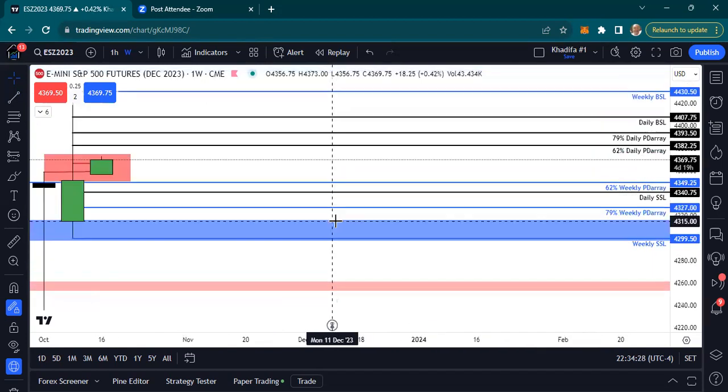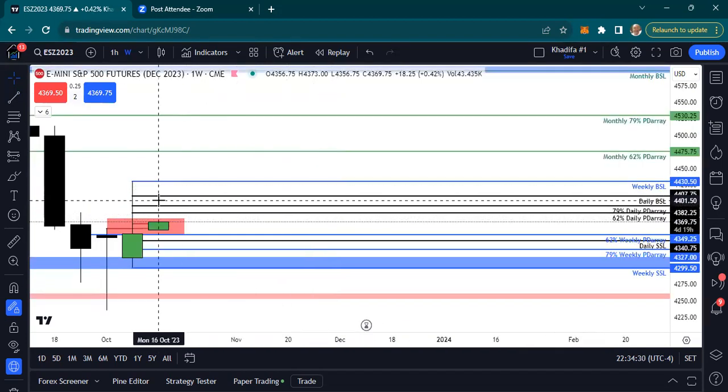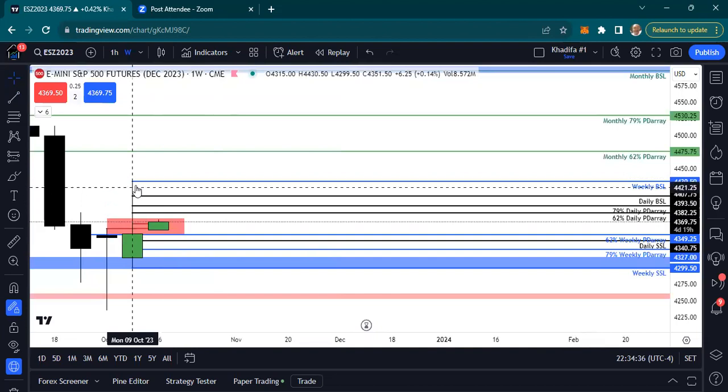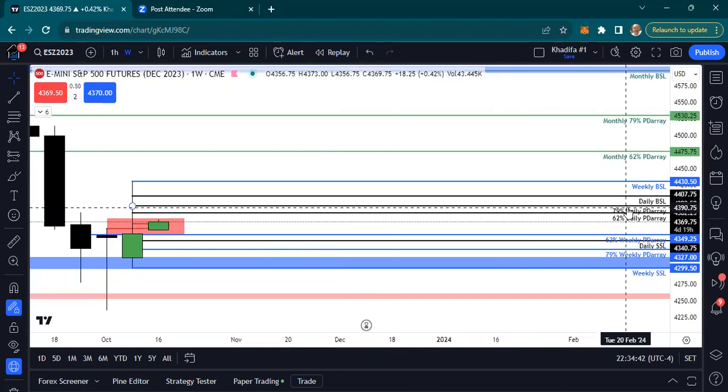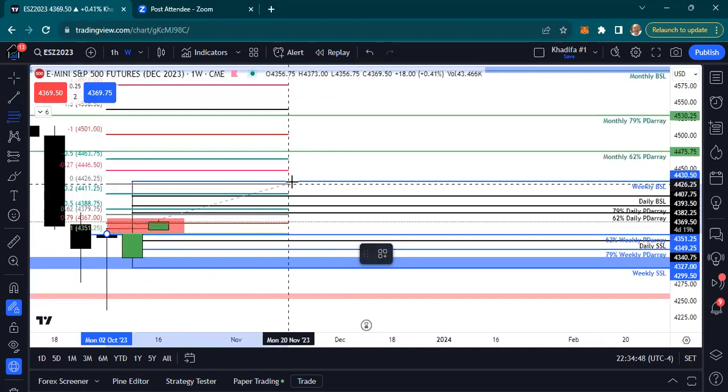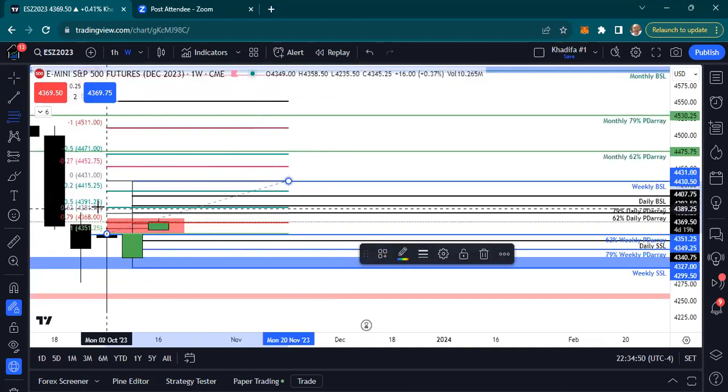into no further than the consequent encroachment of this wick, right? I would wait for price to pull back down, and that looks like it might. That consequent encroachment of that wick probably is right there with the 79% level.